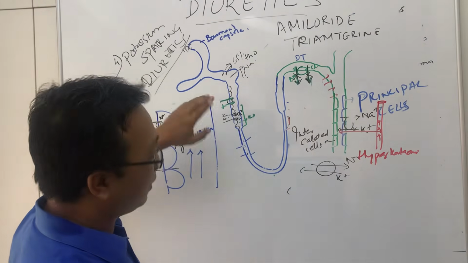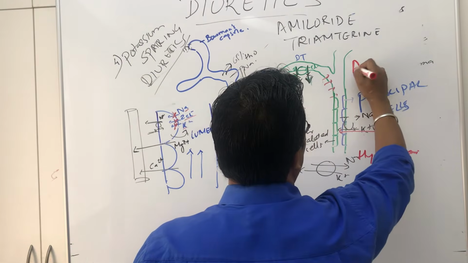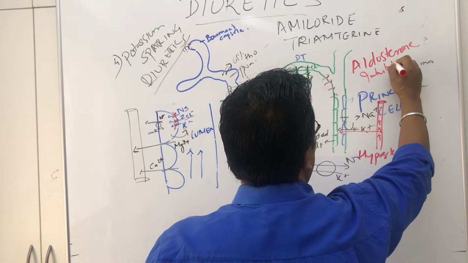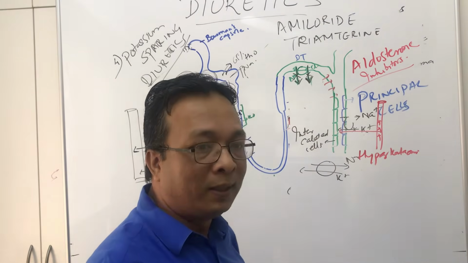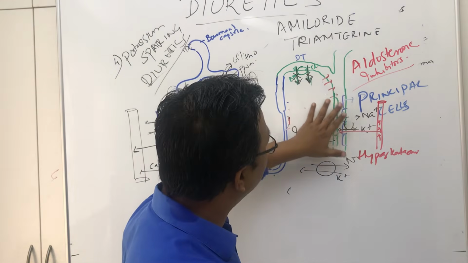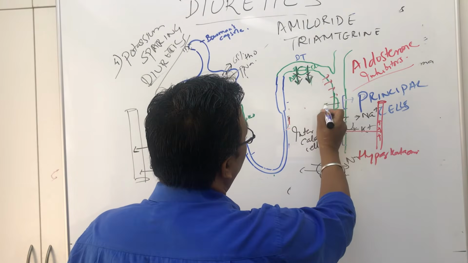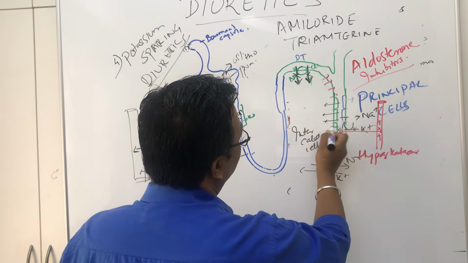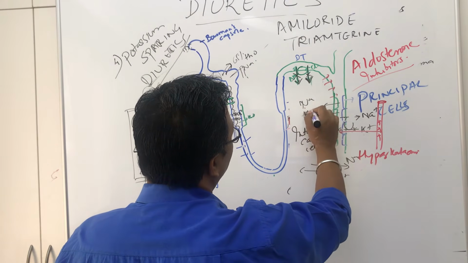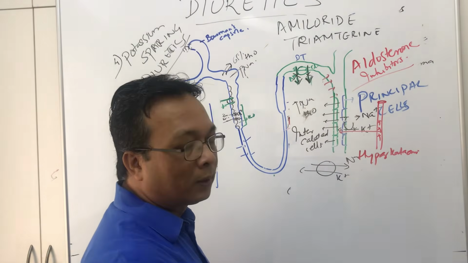Another group of diuretics that also comes in the fourth group is called aldosterone inhibitors. Now, if you remember from the renin-angiotensin-aldosterone system, what does aldosterone do? Aldosterone, in the principal and intercalated cells, increases the absorption of sodium. When aldosterone is released by the adrenal cortex, it increases sodium and water reabsorption.